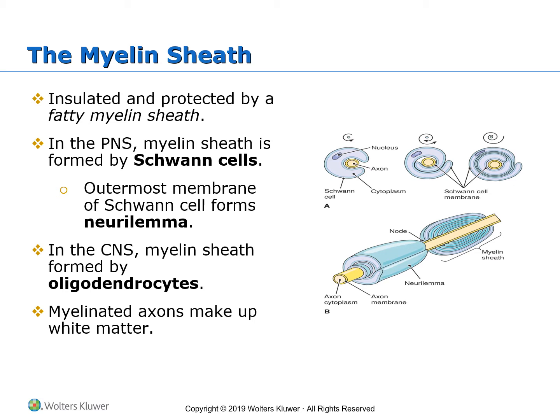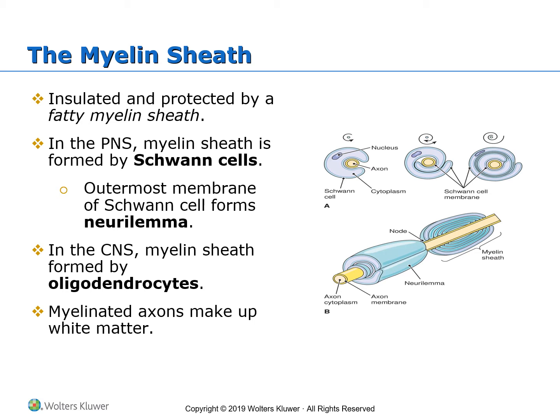At the level of the central nervous system, the myelin sheath is formed by another type of cell, and it's called oligodendrocyte, where oligo means only a few, as it has only a few dendrites. So one oligodendrocyte will send extensions to myelinate several axons in its vicinity.